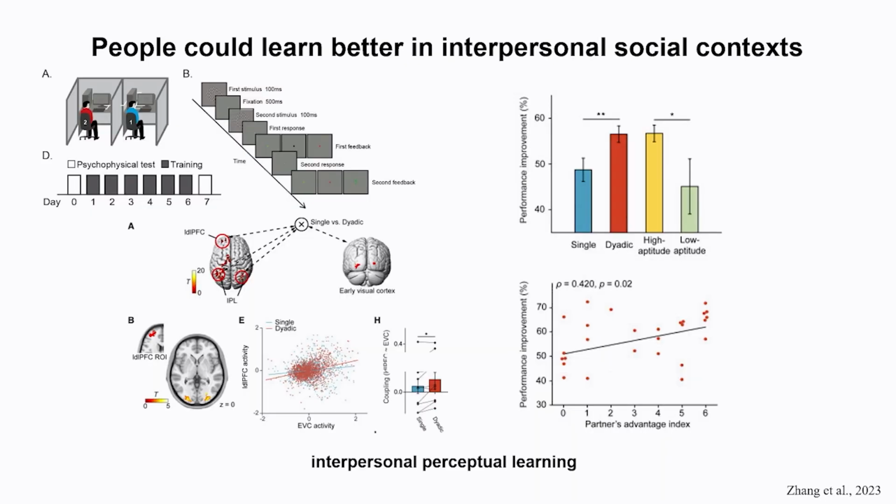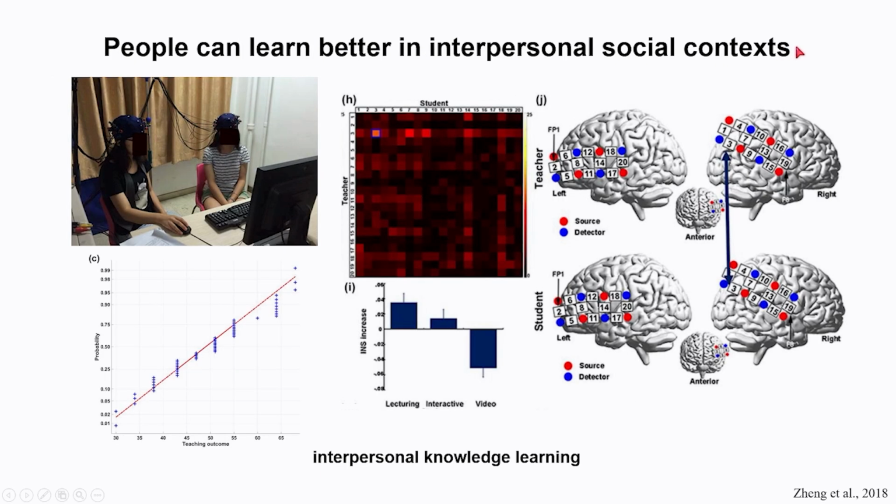Some recent learning studies also indicated that people can learn better in an interpersonal social context. In this example, they found that in low-level visual perceptual learning, learning together is better than learning alone. And in high-level learning, such as knowledge learning, the study also found that interactive learning had better performance than traditional lecture learning or video learning.